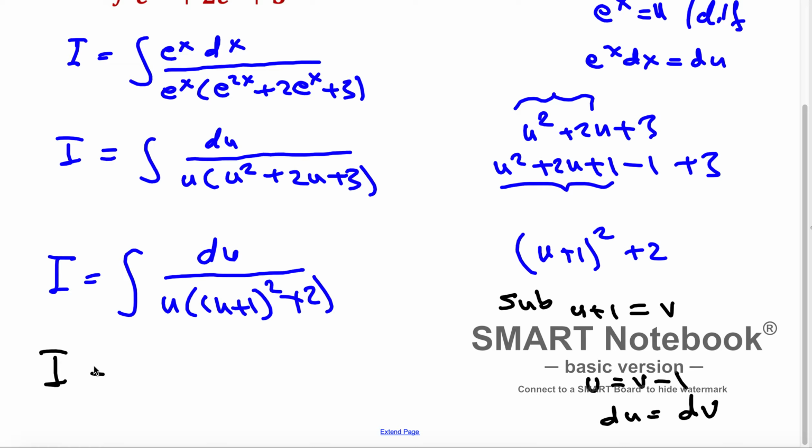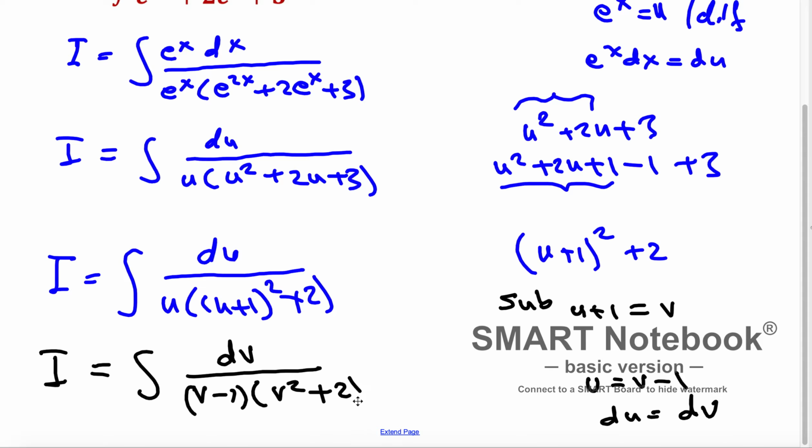Now the integral I is: instead of du, I plug in dv. Whenever I have u, I can plug in v minus 1, and instead of u plus 1, I'm plugging in v. And this one is v squared plus 2. So that's what we have here.